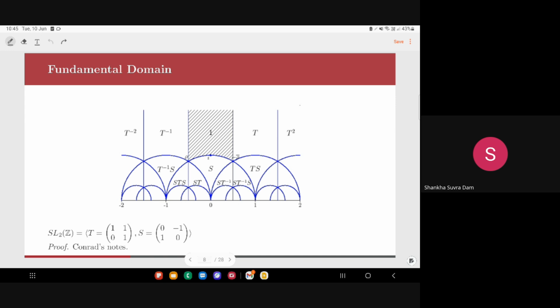The first one is just blatant calculation, fiddling with the entries of the matrices in SL2(Z). And the other proof is seeing the group action of SL2(Z) on the upper half plane. I would prefer the second one better, but yeah.